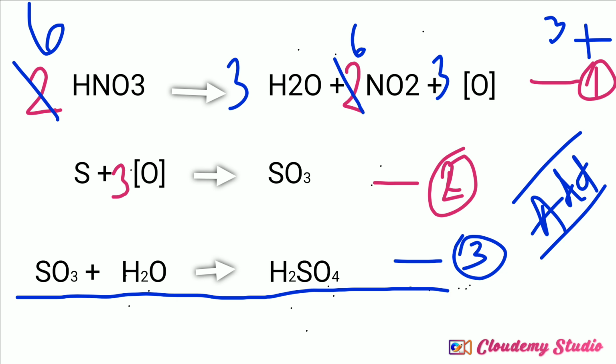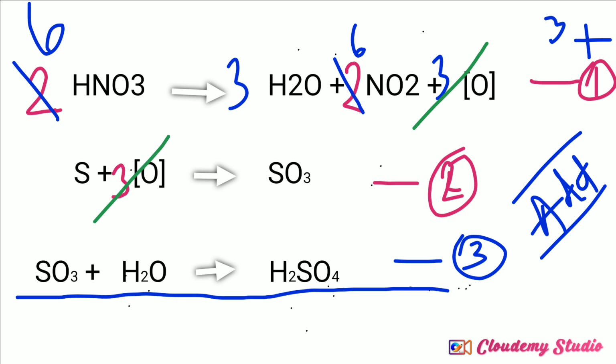While we are adding, same substances on the opposite side will be cancelled. At the first equation, 3 moles of nascent oxygen on the right hand side, but the second equation, 3 moles of nascent oxygen at the left hand side. So these will be cancelled.